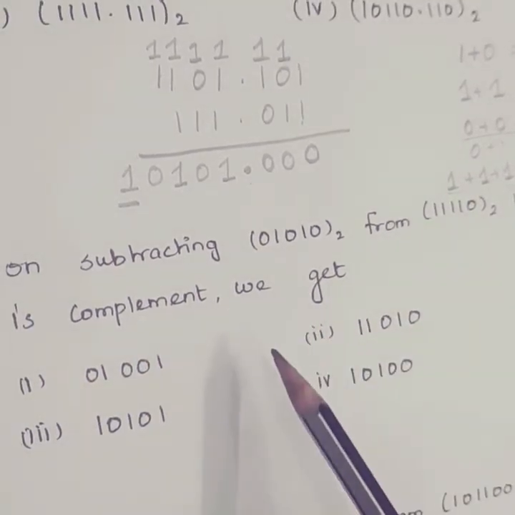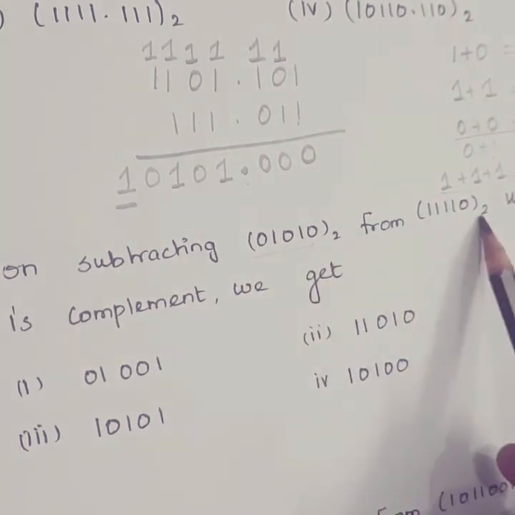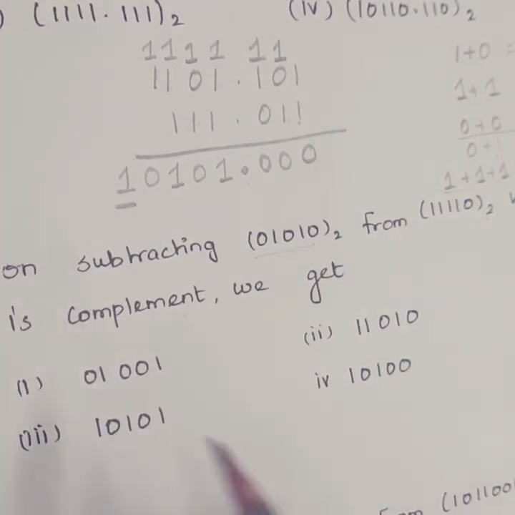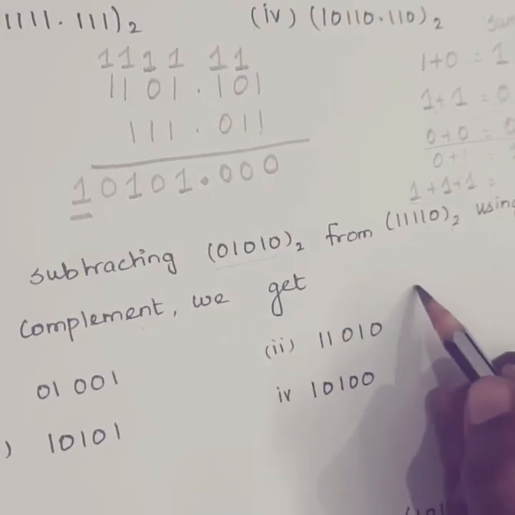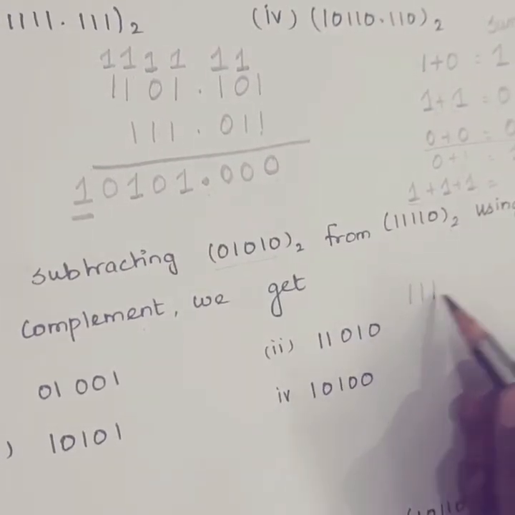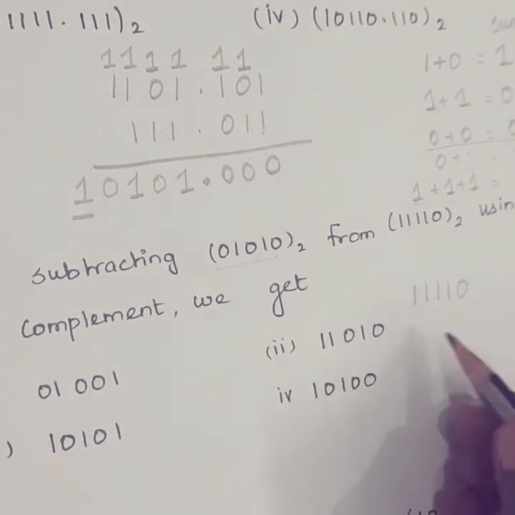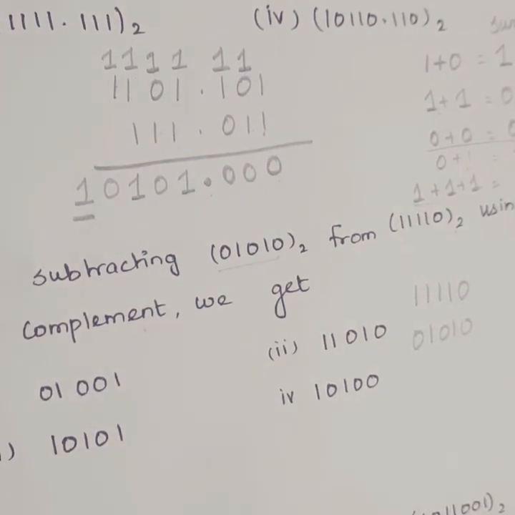So here we have to subtract this number from the first number and we have to use 1's complement, right? So first write down 11110. You have to subtract the number 01010 from this.